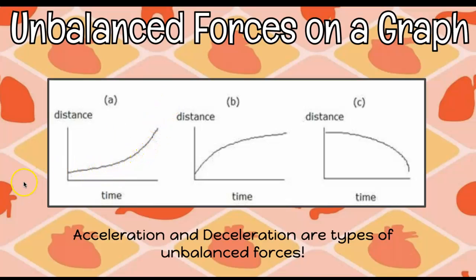The curve going up is acceleration. This one shows the car going pretty good, but then as time happens, the distance is slowing down. So this object's coming to a stop. So this is deceleration or negative acceleration. Pretty much means the object's slowing down. And this last one shows you an object that's changing direction and going back to the home.